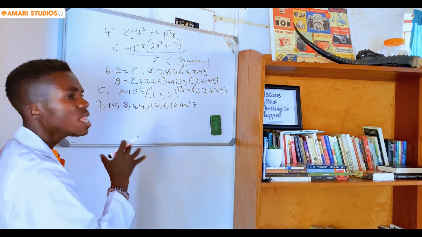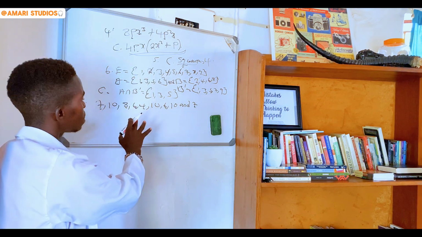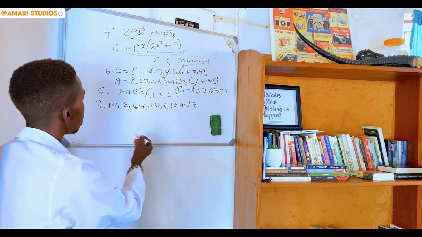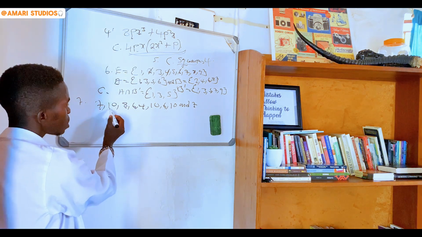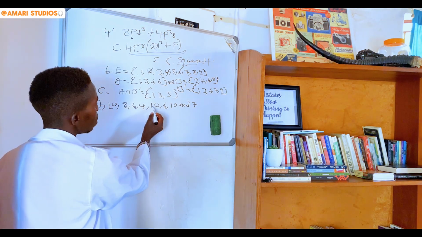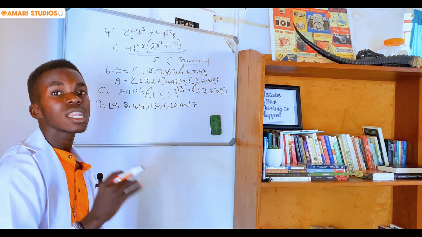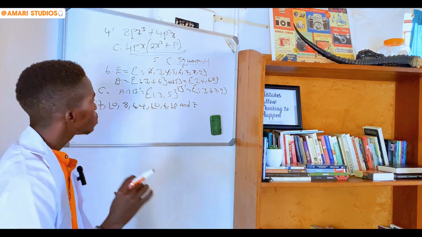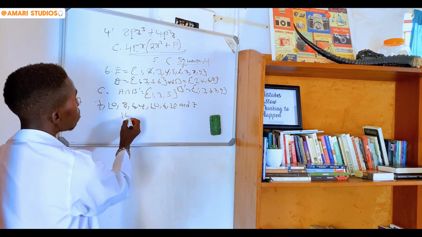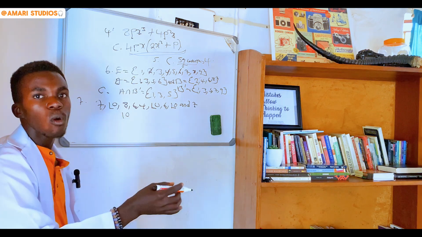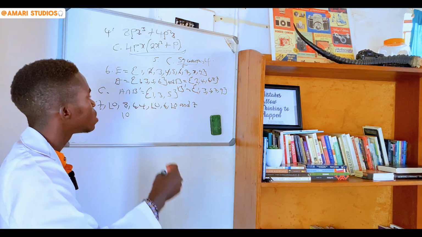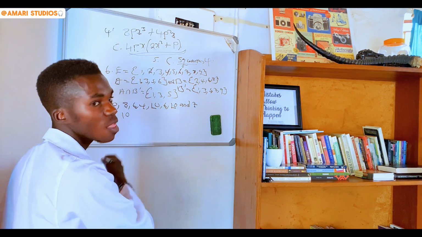So the only number in this case which is appearing more times than the others is 10, because 10 is appearing 1, 2, 3. So 10 is appearing 3 times in this score. This means that 10 was our mode score, because it was appearing more times than these other numbers.